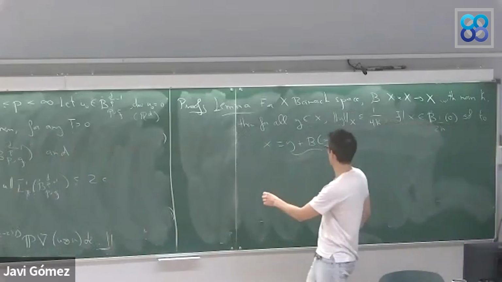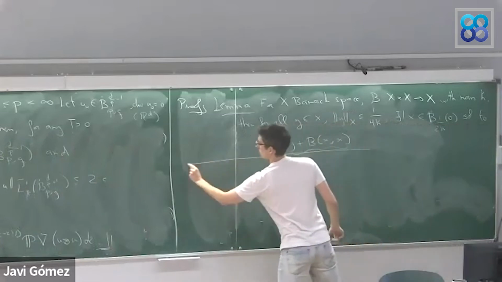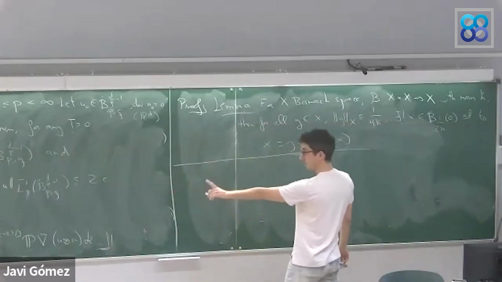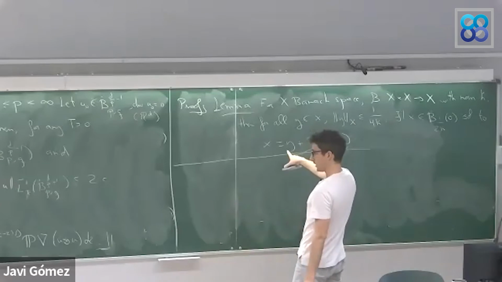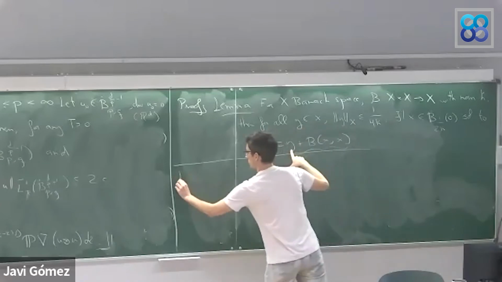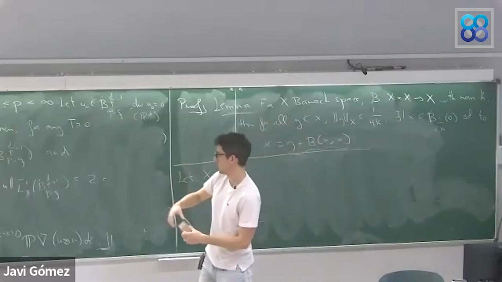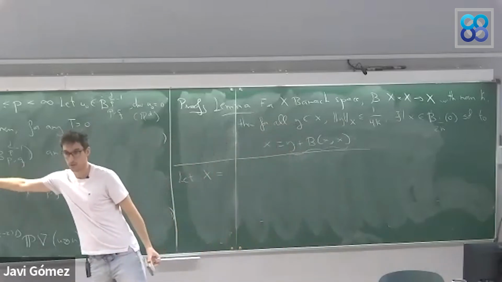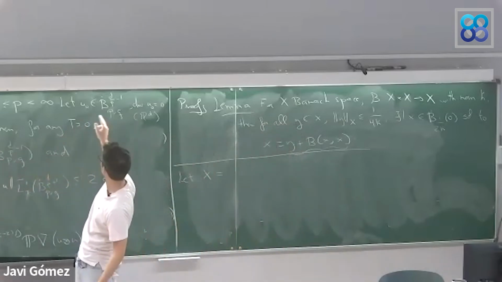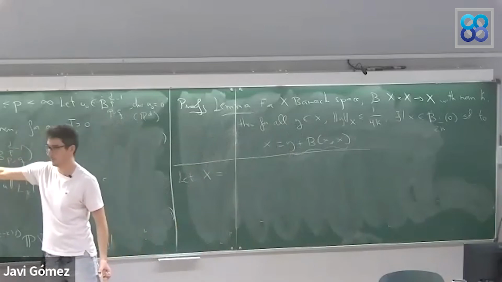So now, going back to our theorem, as I said, let's choose everything. So let X be the space of functions that are divergence free and living in this space.